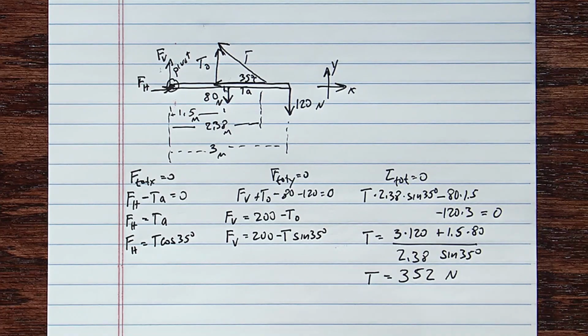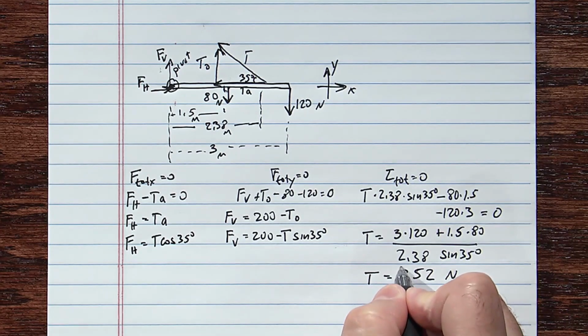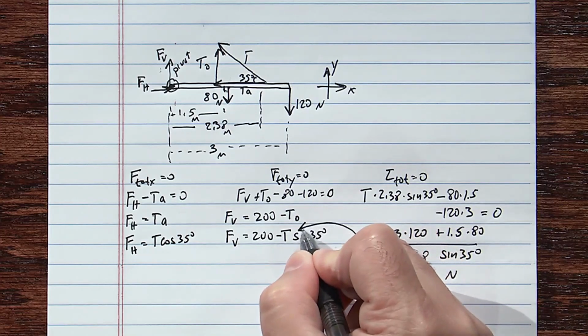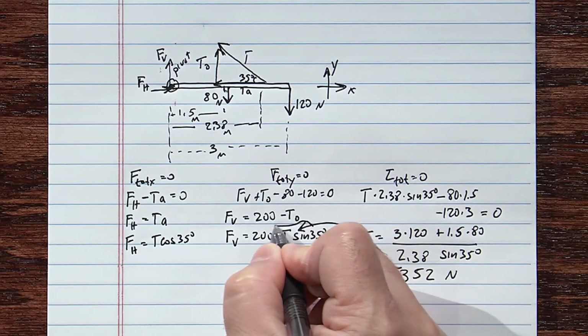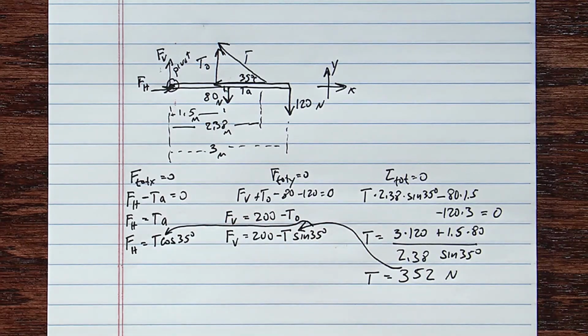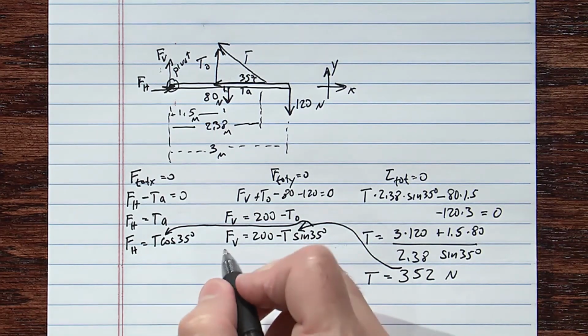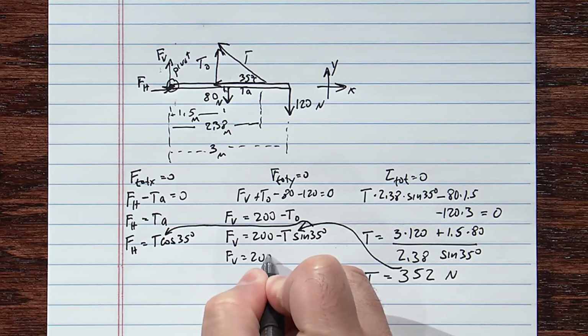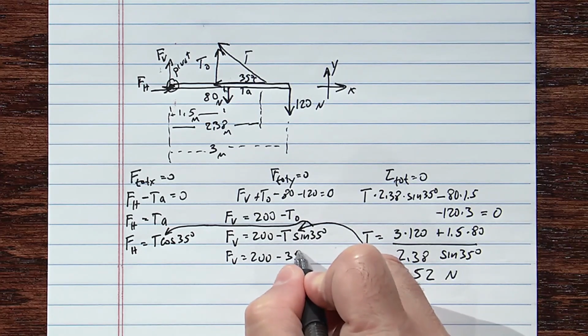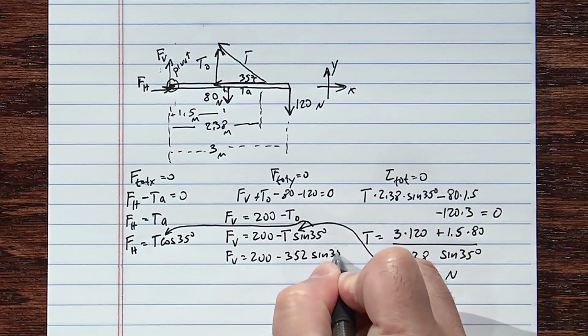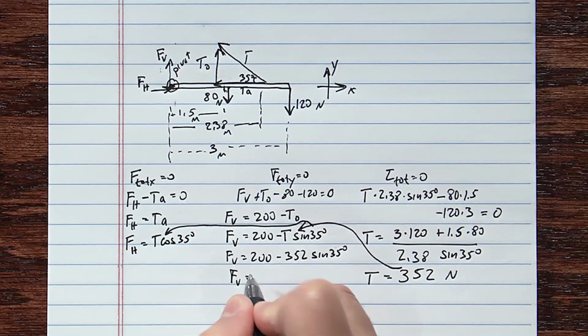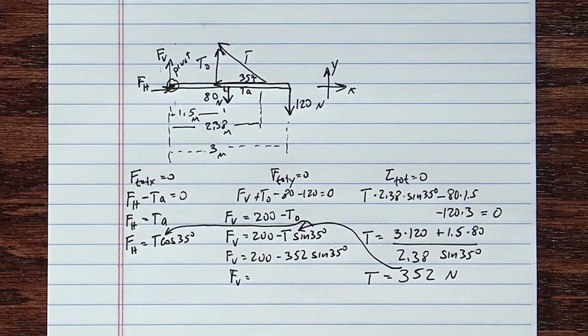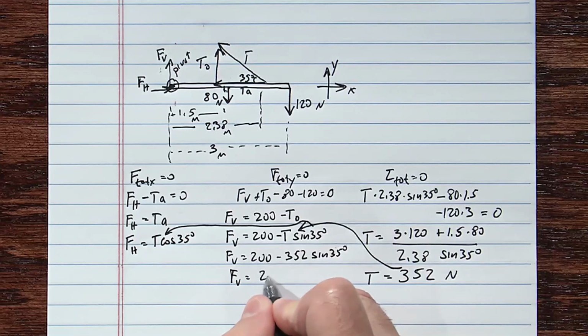Now, all we have to do is take that 352, put it in here to solve for FV, and put it into here to solve for FH. So FV is 200 minus 352 sine of 35 degrees, which tells us that the vertical force, 352 times sine of 35, is equal to 202 newtons.